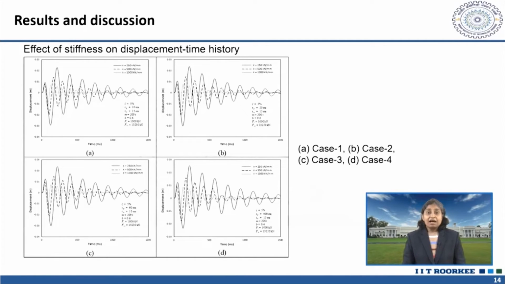We can see that when the system's stiffness is more, that is, I am varying it from 250 kilonewton per millimeter to 1000 kilonewton per millimeter, with the increase in the stiffness we get a lesser value of the displacement, as expected.